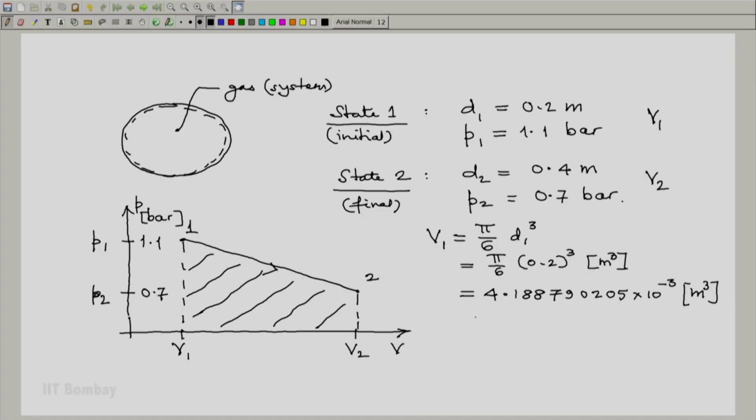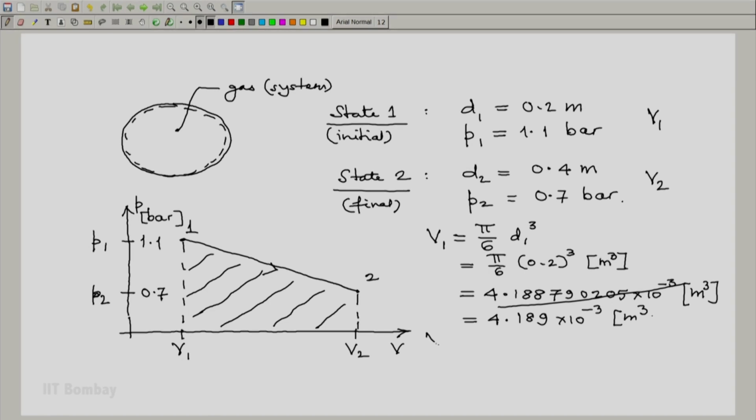Anything more than that is not worth it, and quite often we will not even be able to measure to that accuracy. So instead of this, we will simply say that this is 4.189 into 10 to the minus 3 meter cube.